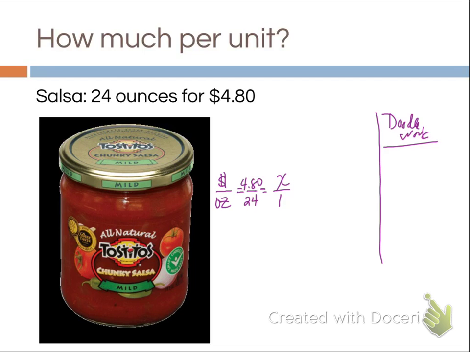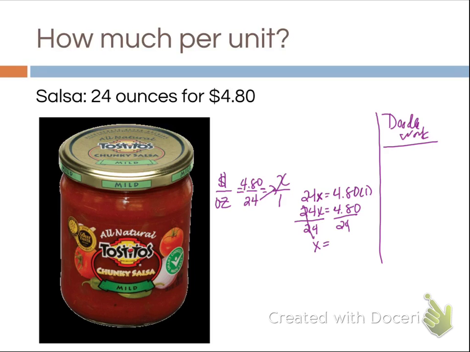I need that cost. So now I'm going to cross multiply and divide. I have 24x is equal to $4.80 times 1. Well, we all know that anything times 1 is what we multiplied by 1, so we still have our $4.80. Now I have to divide by 24.